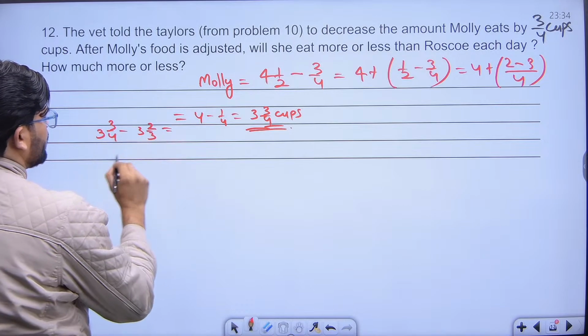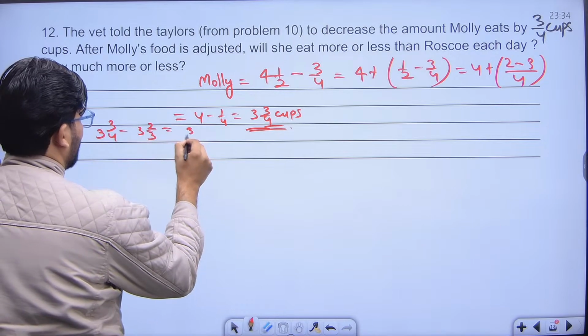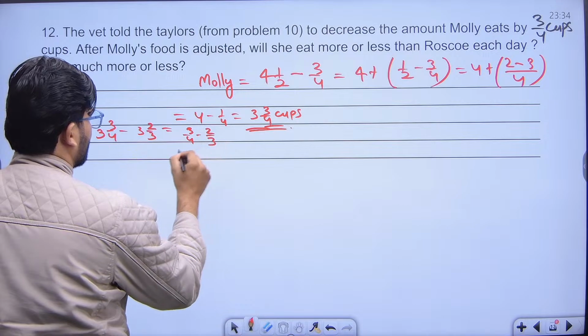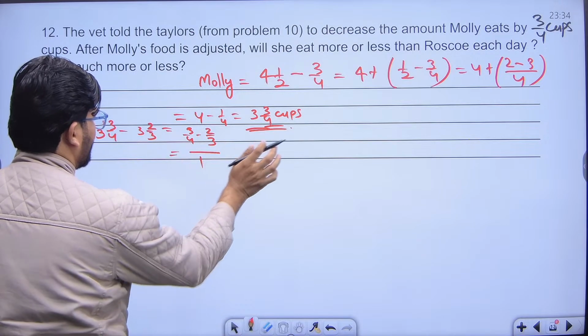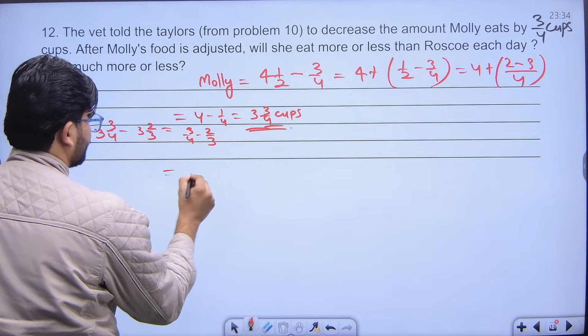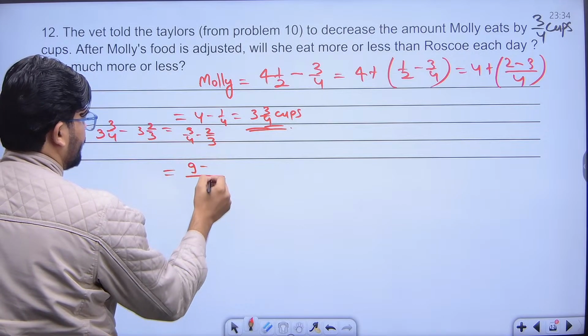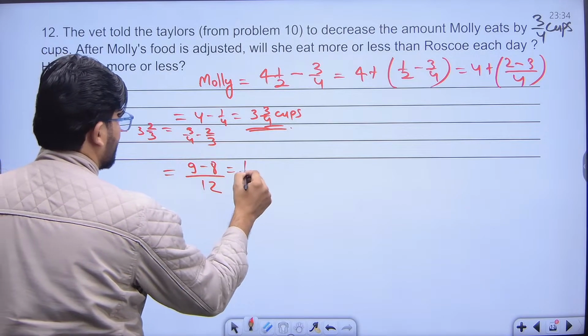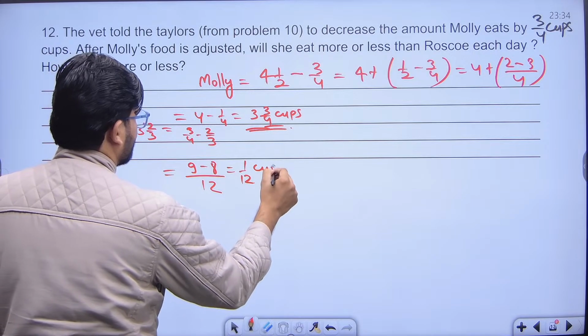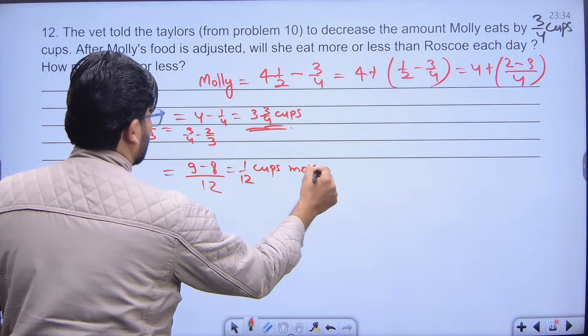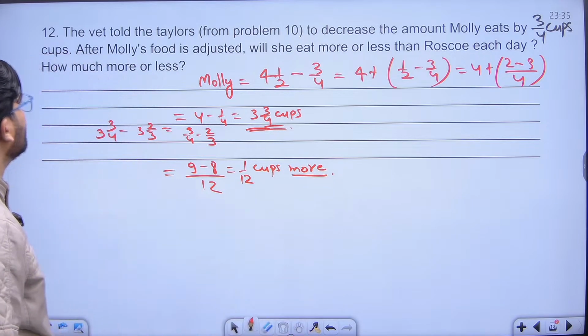So 3 minus 3 is 0, and then we have 3/4 minus 2/3. So the LCM is going to be 12. 3 into 3 is 9, minus 4 into 2 is 8. So the answer is 1/12 cups more. Who eats more?